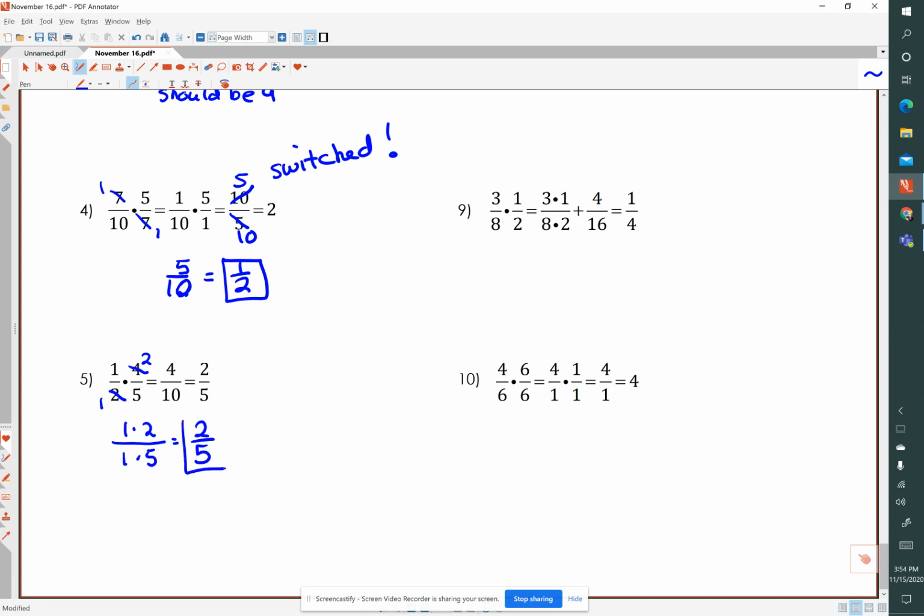They got the answer right. The only thing they did not do is they did not cross simplify. So we could write that down, but they did get the answer correct. And if you do not cross simplify, you have to simplify at the end, which is what they had to do here with the 4/10.